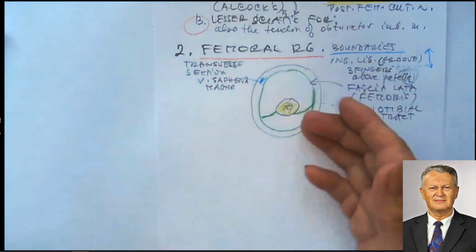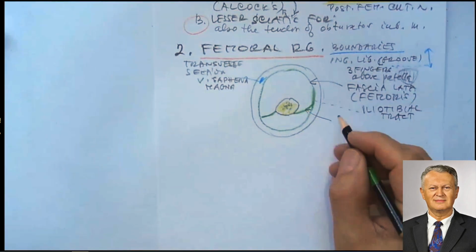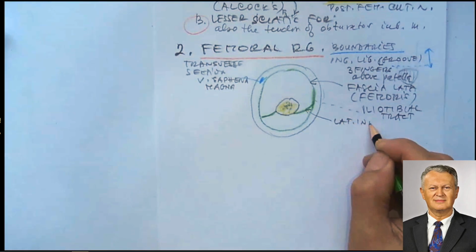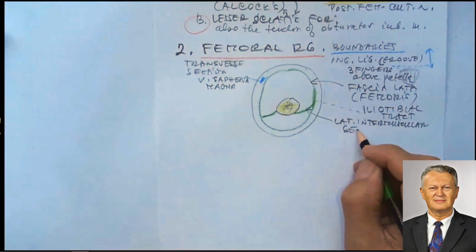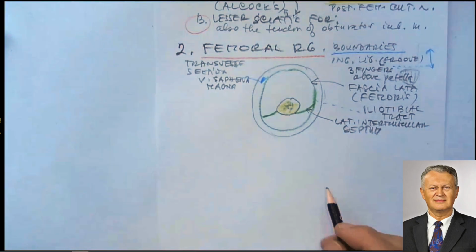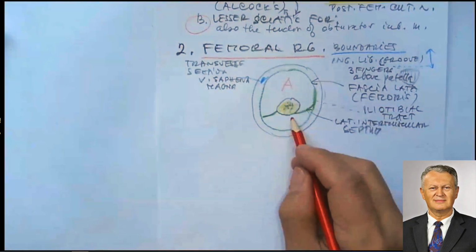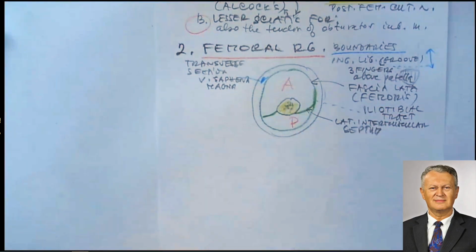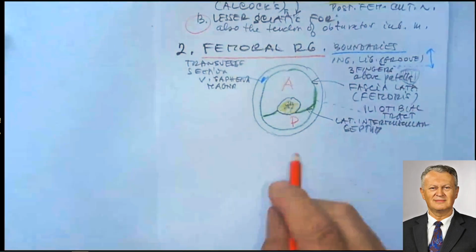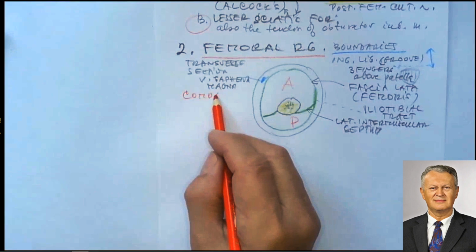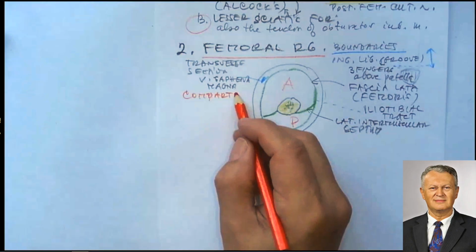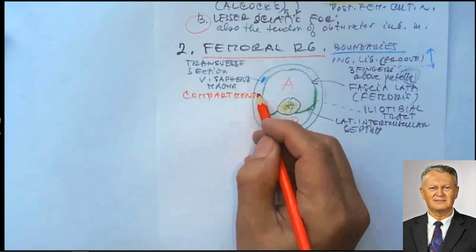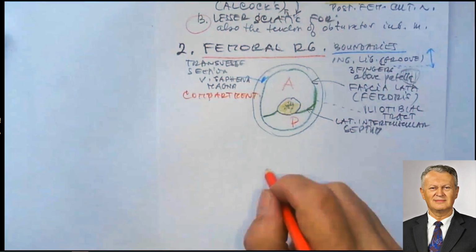And then the intermuscular septa, that one is called the lateral intermuscular septum. The septum, like a lamina, divides the whole space into two compartments, A and P, because A would be the anterior osteofascial compartment.